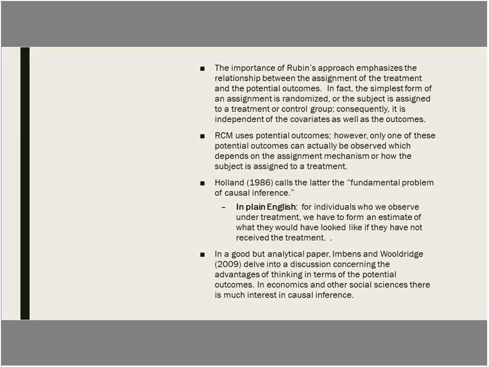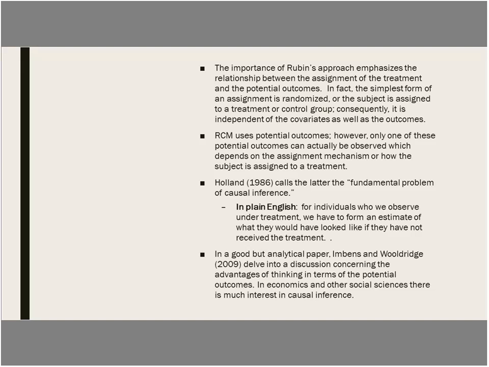So Rubin emphasizes looking at the relationship between the assignment, the treatment, and the outcome. The simplest form of assignment is randomized, to put people into groups, so it's independent of the covariates as well as the outcome. But remember, RCM uses potential outcomes. However, only one of these can actually be observed and the other cannot, depending on whether you're assigned to treatment.